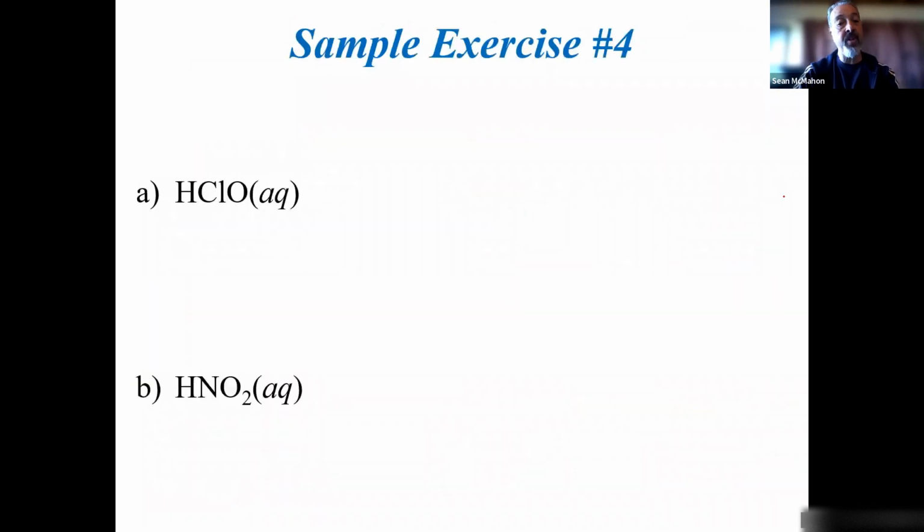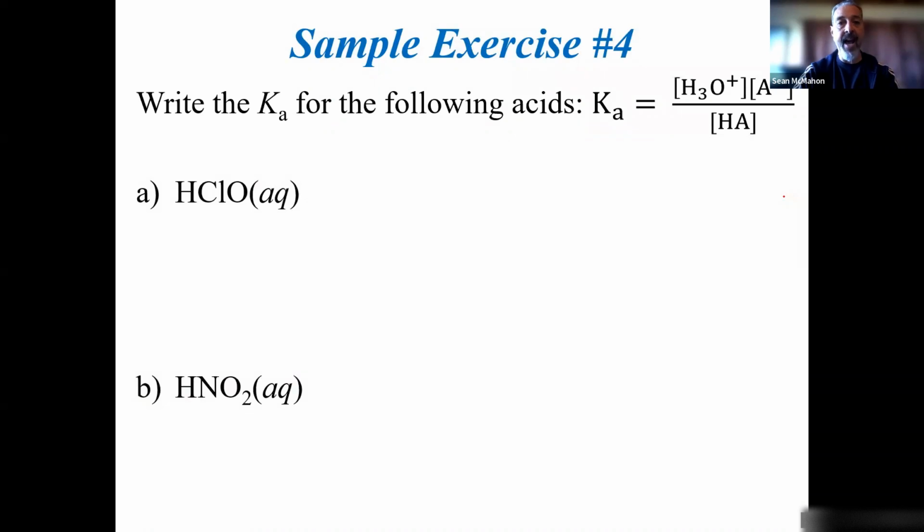So what we can also do is write out Ka expressions, plug in concentrations, and solve for Ka like we did in chapter 10. So how do we do this? Well, the first thing you want to do is write out the balanced equation. So we throw this weak acid in water. How do I know this is a weak acid?